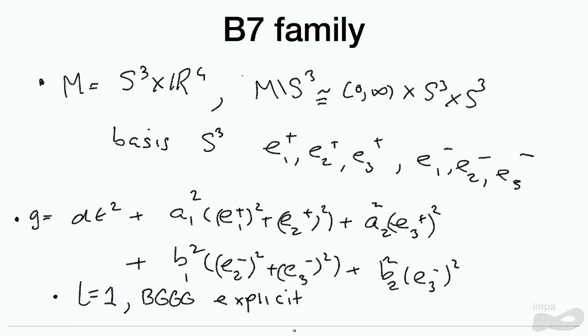Then I'm writing the metric similar to Bryant-Salamon, but now I have 4 functions, and one of these functions describes what happens on the circle fiber, one of the S3s diagonally embedded, and the one S3 that's anti-diagonally embedded. These satisfy some ODEs that come from this being a G2 structure, closed and co-closed. In the case that the asymptotic circle fiber L equals 1, this is the BGG metric, and there's an explicit solution to this ODE.